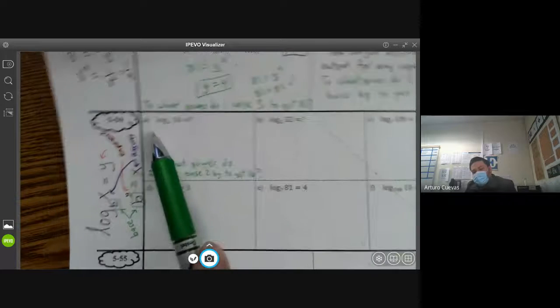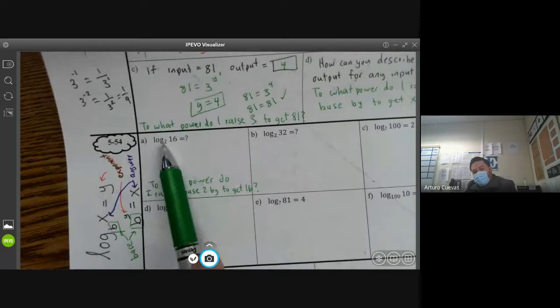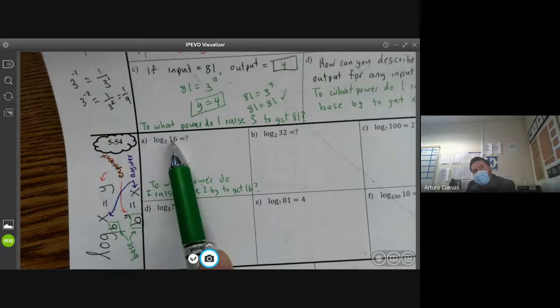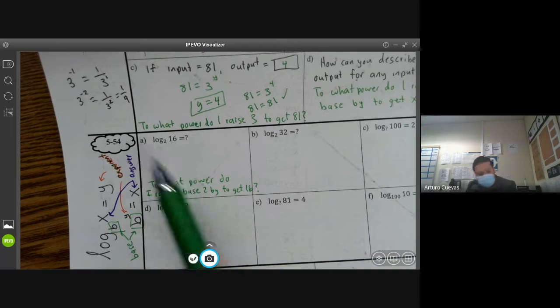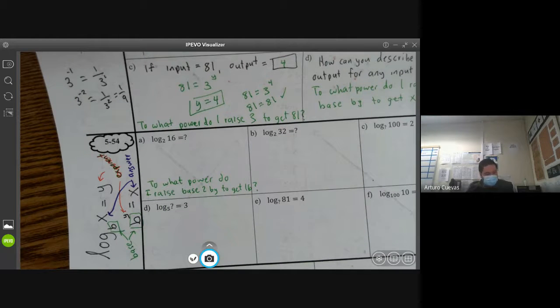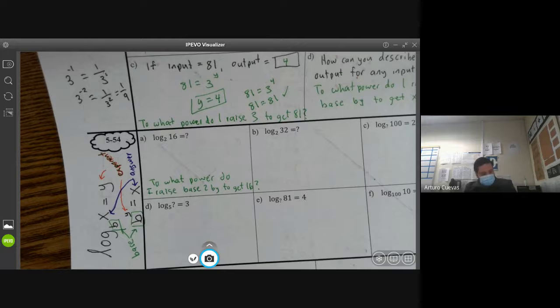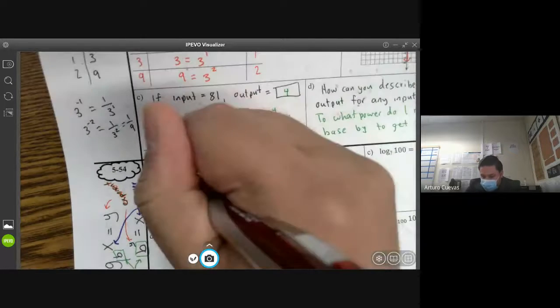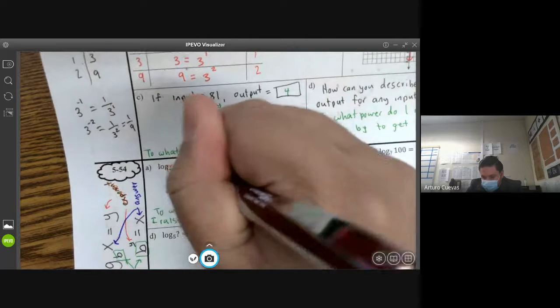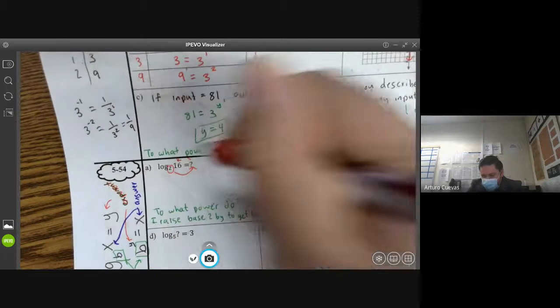Okay, so let's do part A. To what power do I raise 2 by to get 16? What's the answer? Say it louder. 4. You said the answer is 4, and that is correct. One way you can do this is you can say, hey, 2 to this power gives you this answer.